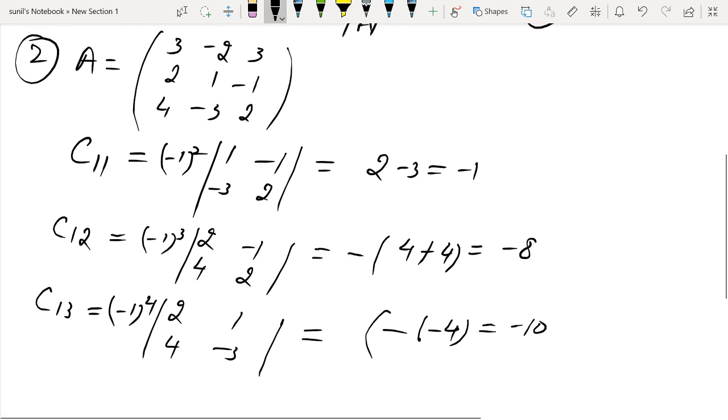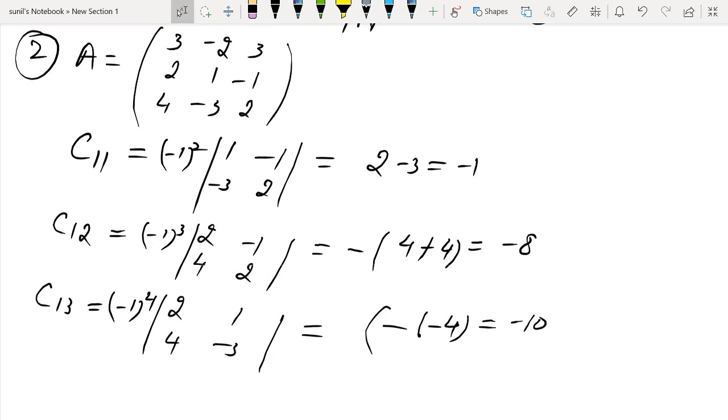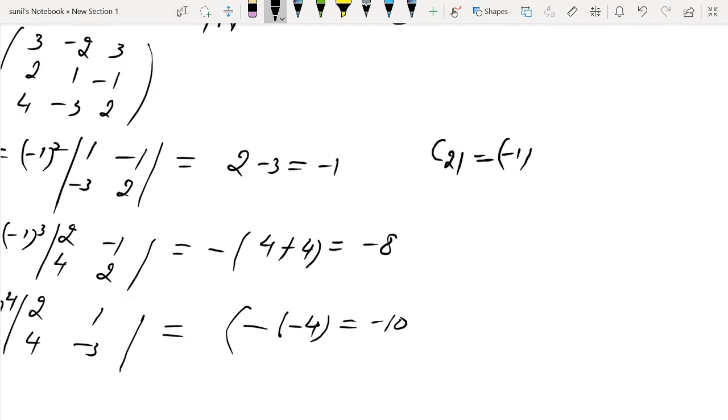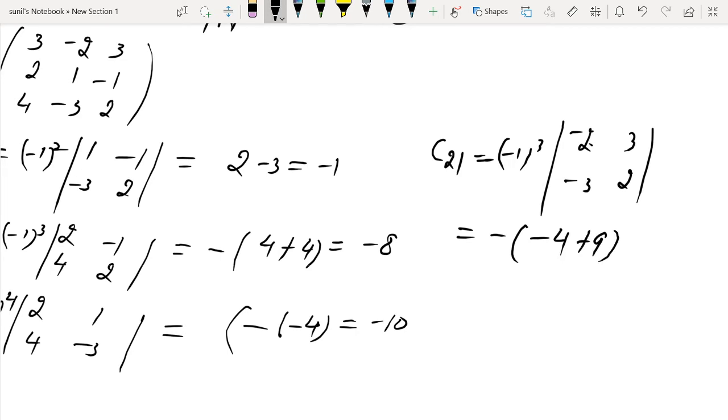Then you are going to calculate C21, minus 1 raised to power 3, deleting the second row and first column: minus of 2 minus 3, 3, 2, that is minus of 4 plus 9, that is minus 5.